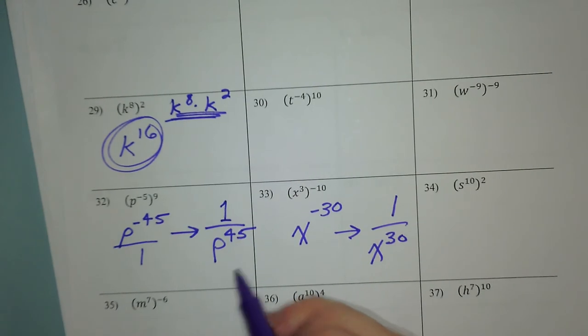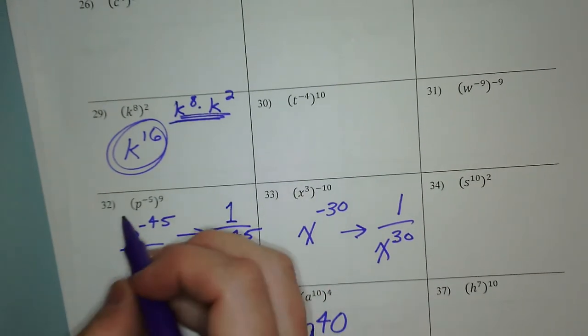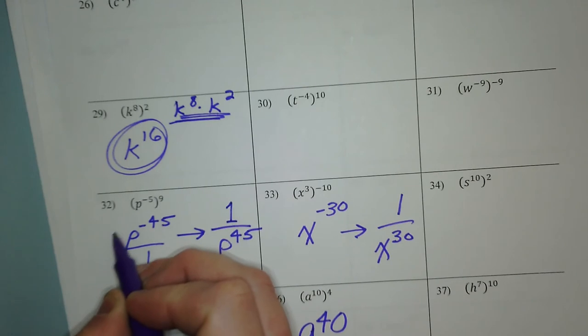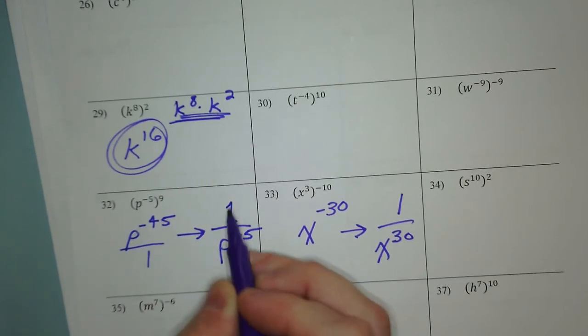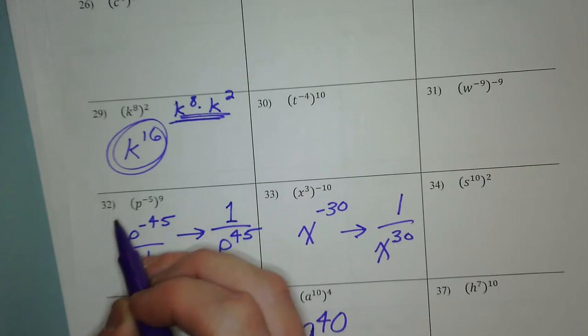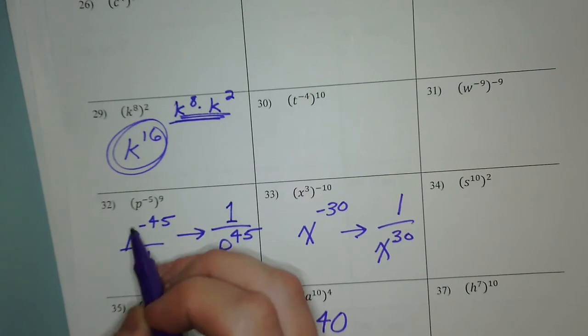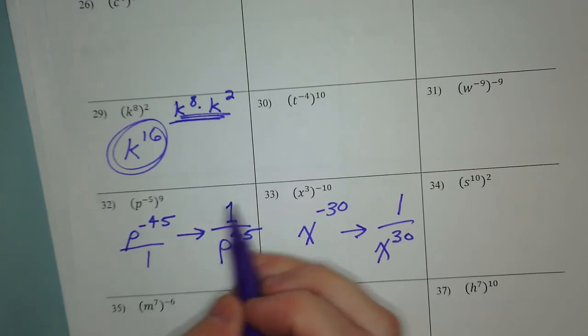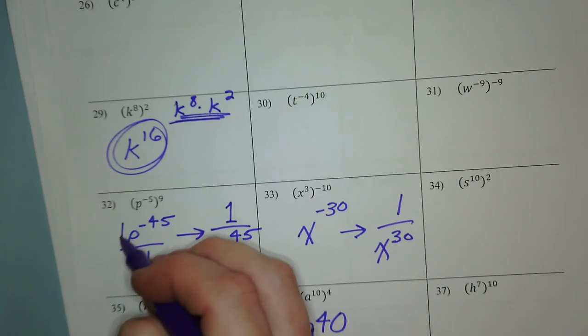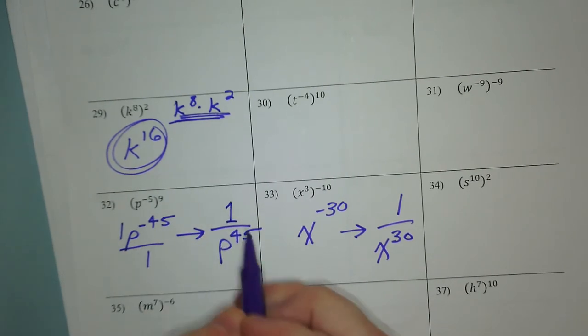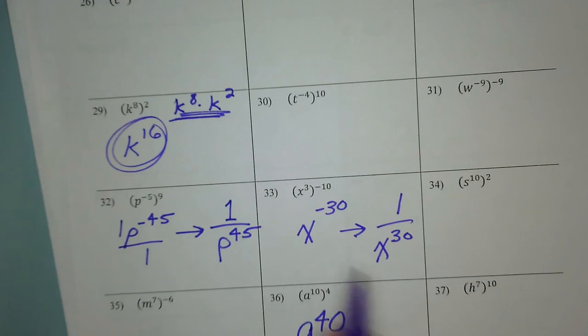If this had said 5p to the negative 45, you would have a 5 remaining up here. Or if it was 7p to the negative 45, then you could have had a 7. But technically there's a 1 right there, so it's 1 over p to the positive 45.